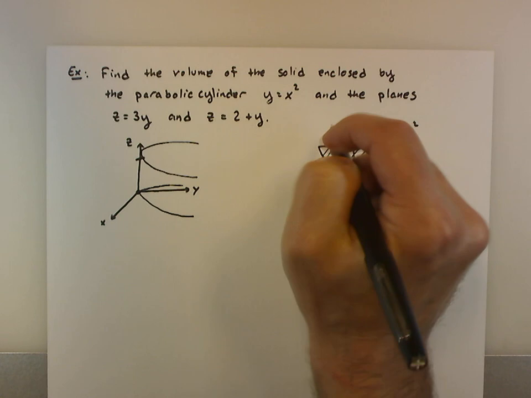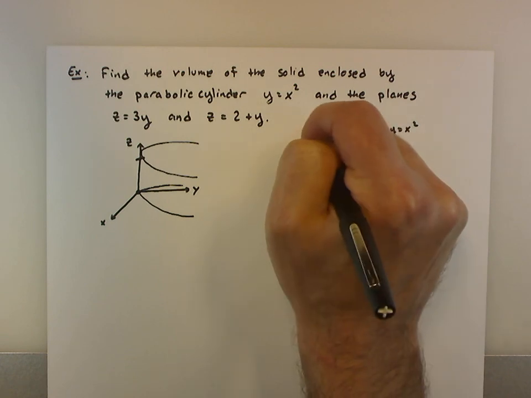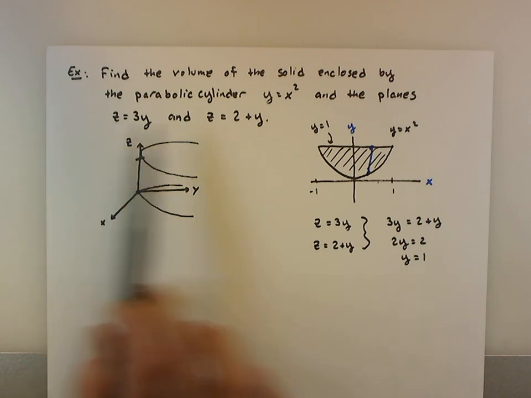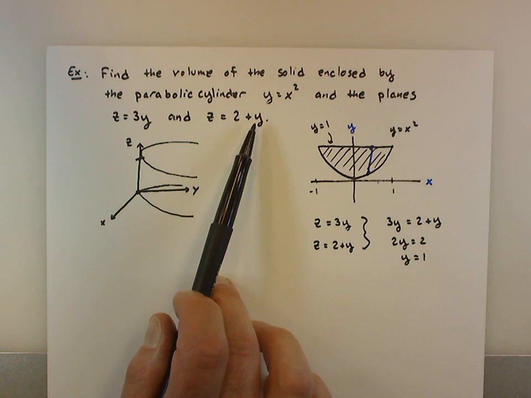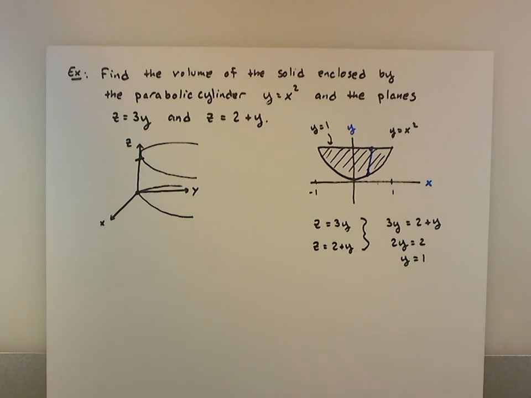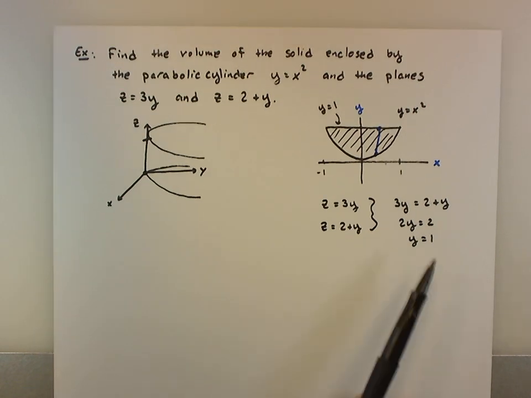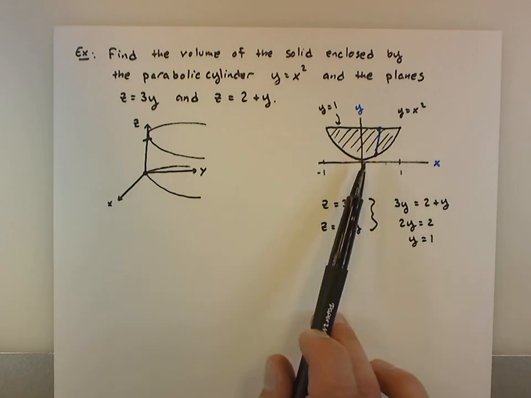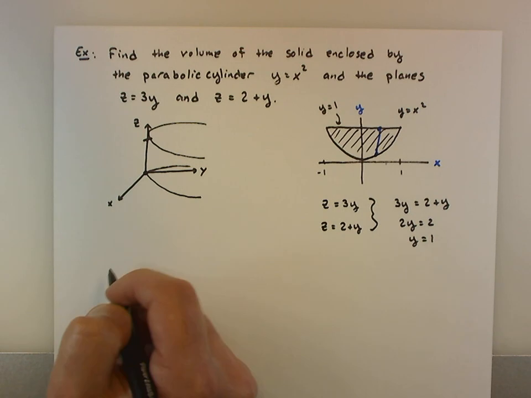So y is equal to 1 is this horizontal line here. When y is equal to 1, z is equal to 3, and z is also equal to 3 here. So that's the intersection point. And by finding where y solves this system, I'm able to generate the region in which I'm integrating over.